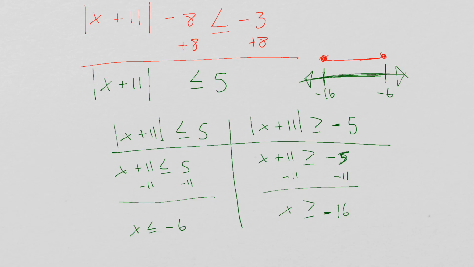So anywhere between those two numbers is going to make this equation true. And written as a compound inequality, these are answers. Here's another way to write that same thing: -16 is less than or equal to x, which is less than or equal to -6. X is between them.